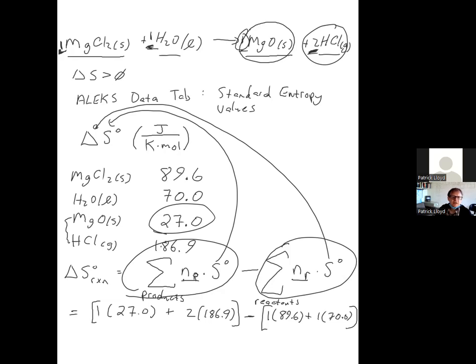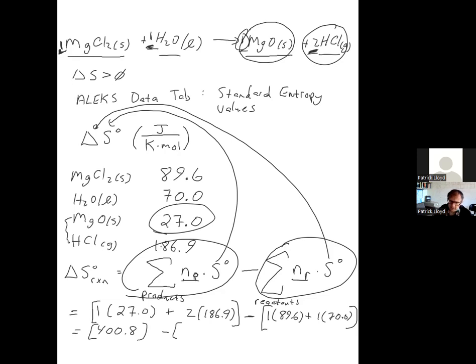Every time I use a different calculator, you just have to get used to the notation that you have to use with it. 400.8. So entropy values will always be positive, but the change in entropy could be negative. Okay, so we have that.